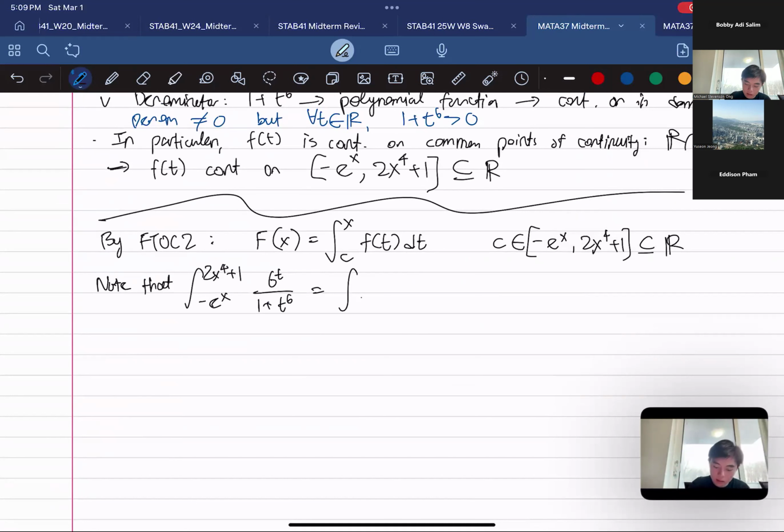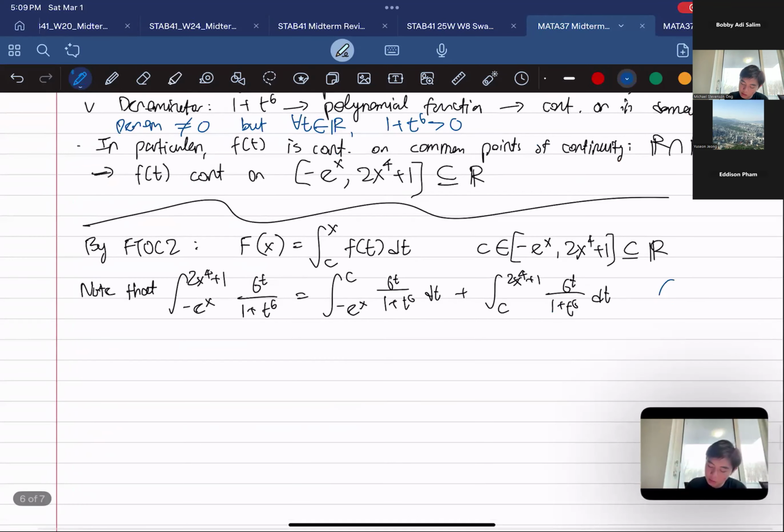First, this goes until C. And the other one from C to the other integration limit. The justification for this is the union interval property.